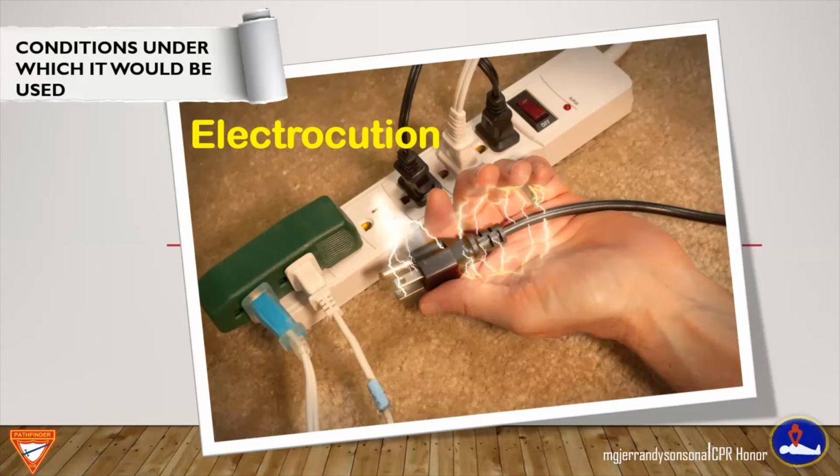I have met a lot of patients who had been electrocuted and they will collapse. Remember that when you are electrocuted, there is a strong electricity power that will go to your heart, and it will just make your heart stop beating. So that's where you will come in and start your CPR.